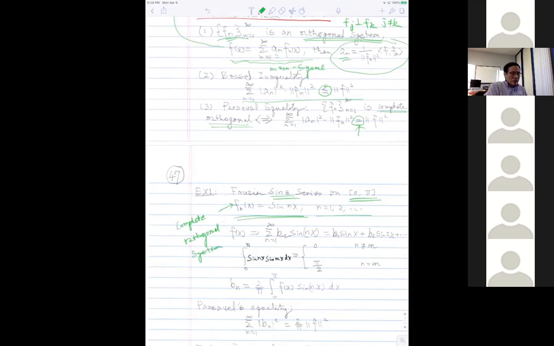So any function f(x) can be written in this way, and the convergence at this point is mean square convergence, convergent in mean square norm.